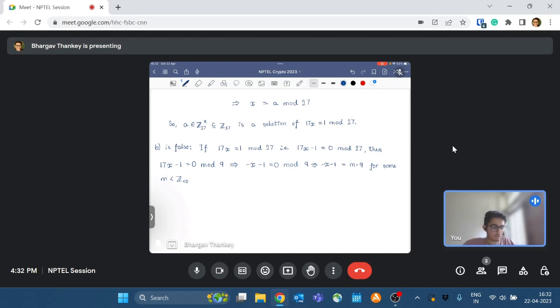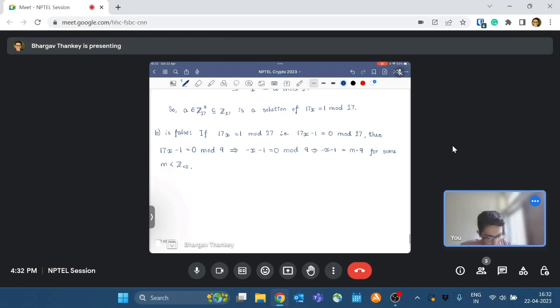Minus x minus 1 is always going to be a negative number. So if it is divisible by 9, it would look like m times 9 for some negative integer m, right?